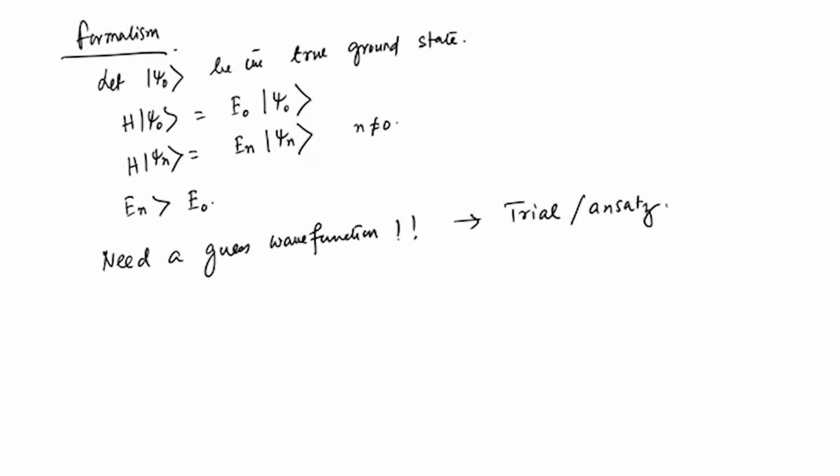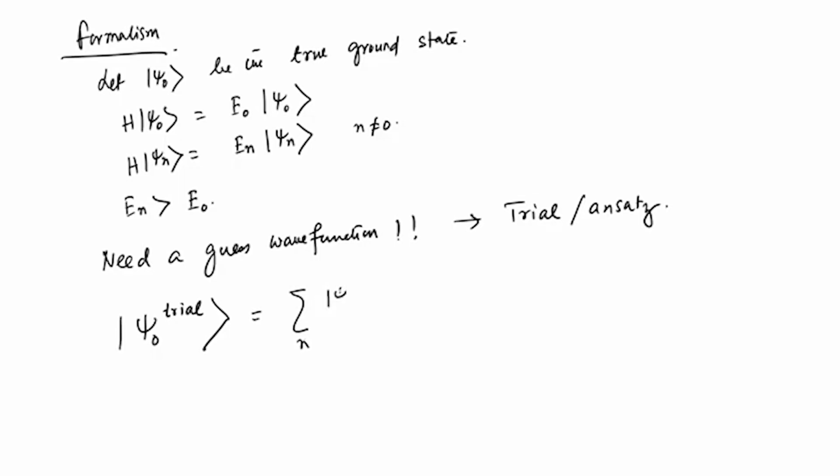You make an ansatz about the wave function. And let us call this psi 0 trial, because this is a ground state and we do not know what psi 0 is. So, we take a trial wave function. And what is the trial wave function going to look like? It would be different from the actual psi 0, but it could very well be a linear combination of all the eigenstates of the system.